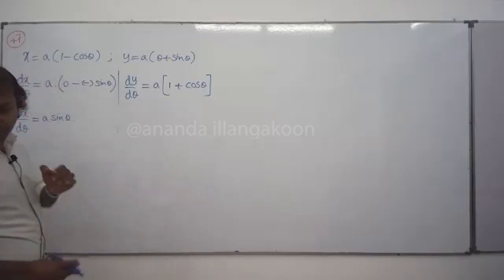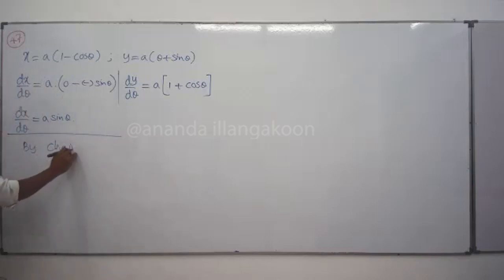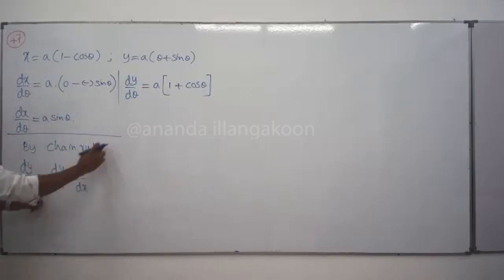Now we have to apply, people, the chain rule. By chain rule, we can write dy by dx is equal to dy by d theta into d theta by dx. Right. Substitute for dy by d theta. It is this, no?